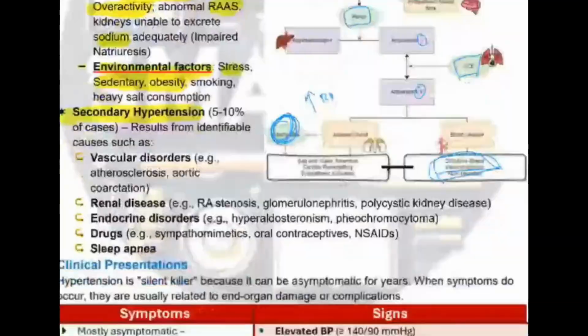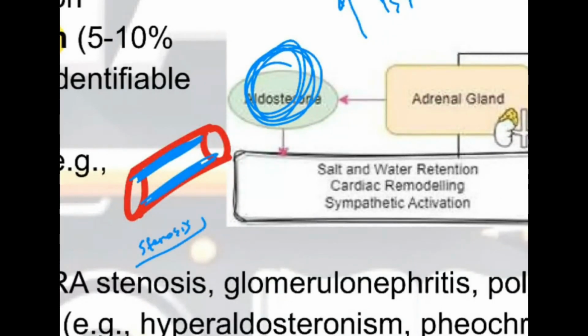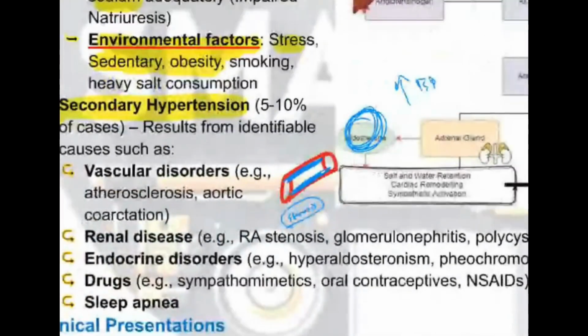Secondary causes of hypertension means the pressure in the arteries is not due to increased blood, but due to some pathology in the artery. The lumen is getting narrowed because something is getting deposited on the walls of the arteries. What is that known as? Stenosis. So stenosis can occur in the renal artery.